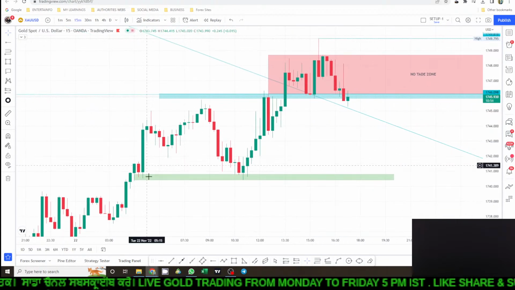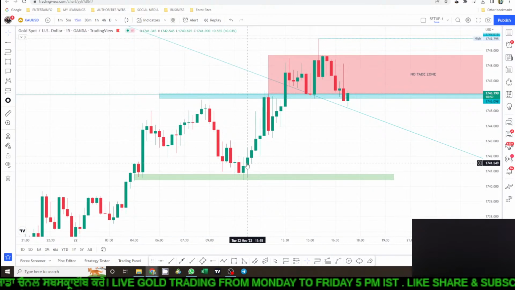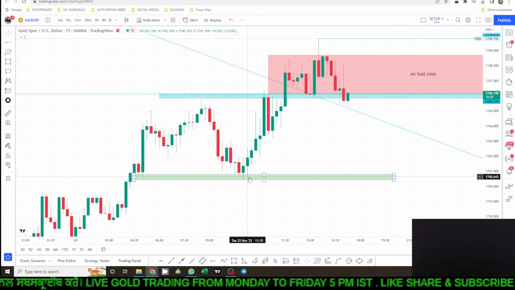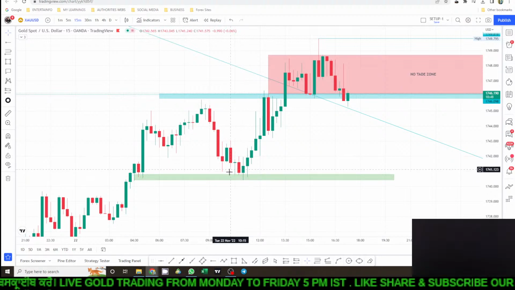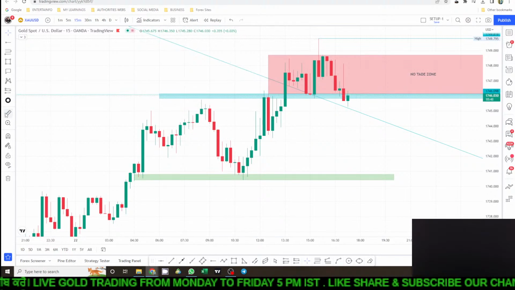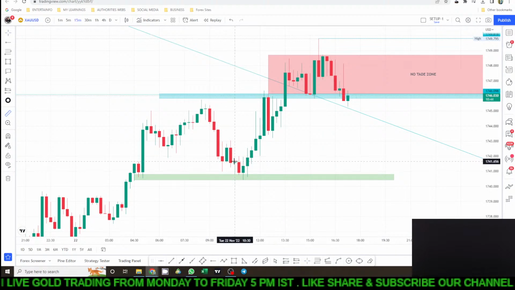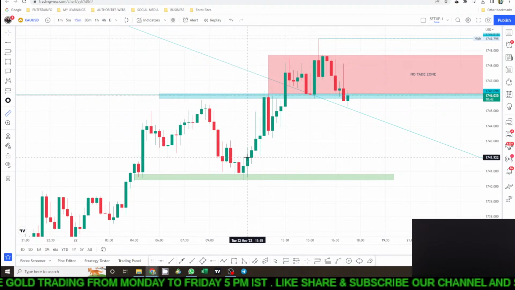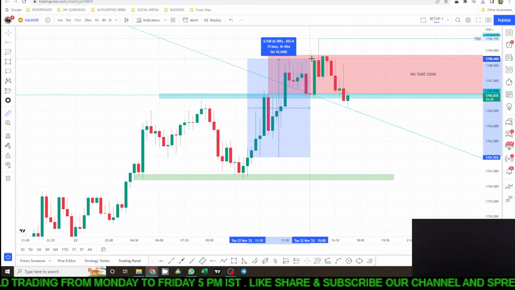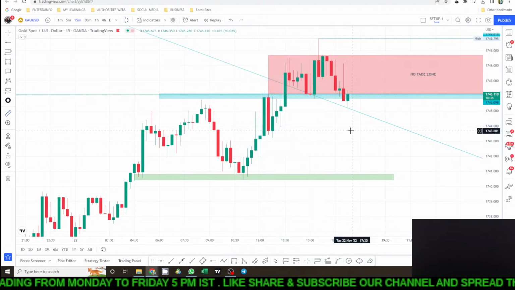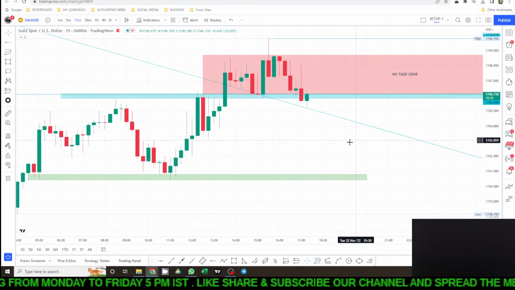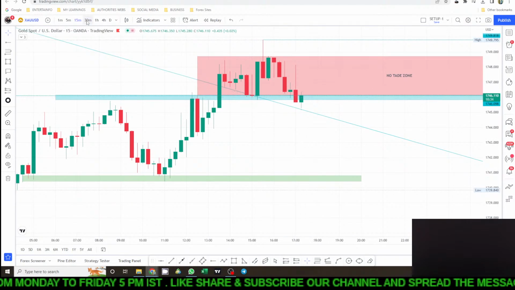So the best way was to enter from here. Once you are in this demand zone, you can go for a buy. Once it breaks the high of the previous candle, it was a very clean buy, 60 pips. No problem, just wait for this candle to close.